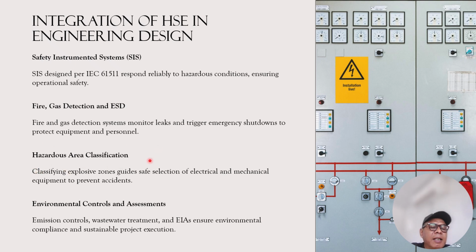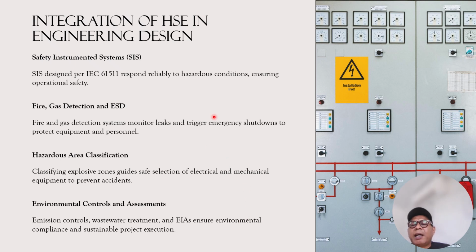Hazardous area classification as per the zone guide ensures safe selection of electrical and mechanical equipment to prevent incidents. Environmental control and assessment: emission control, water treatment, and EIA ensure the environmental compliance with sustainable project execution.